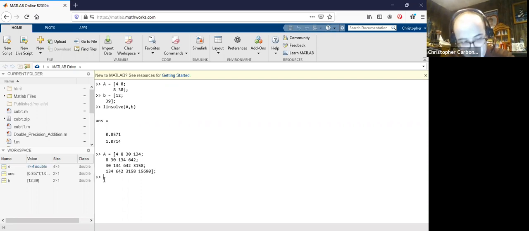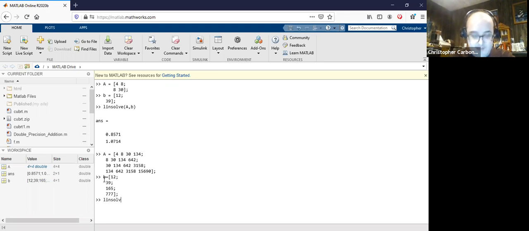Okay. Our vector B, this was 12, 39, 165, and the last element, to use a proper mathematical term, 777.